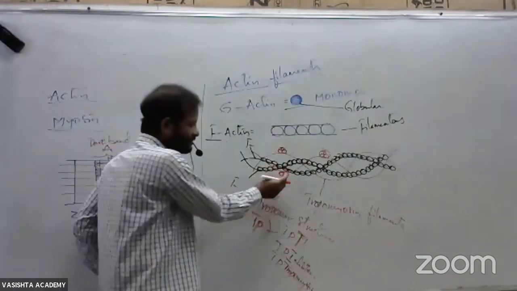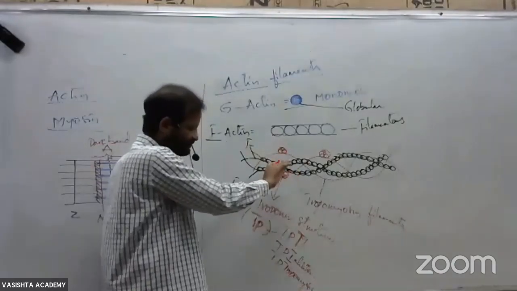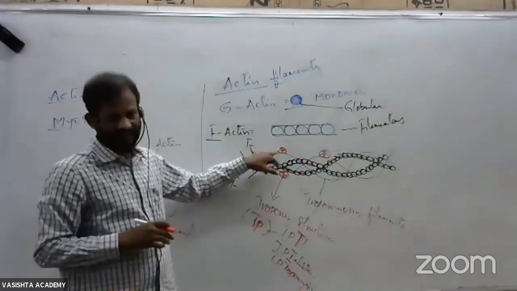So each troponin structure will have 3 subunits that do different work.